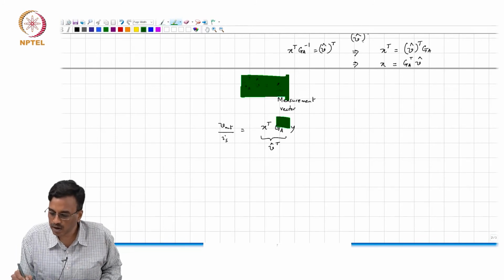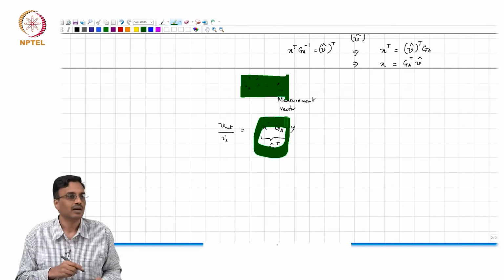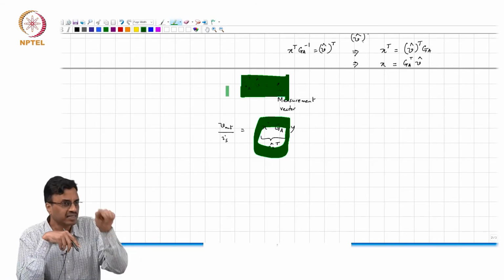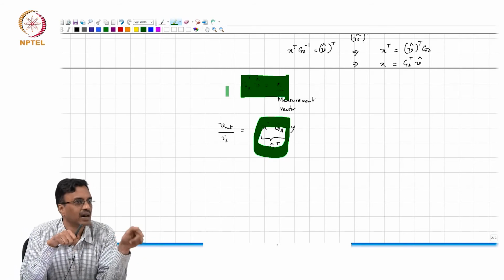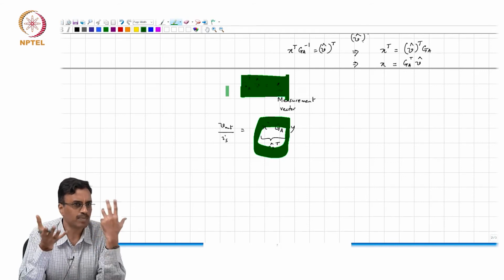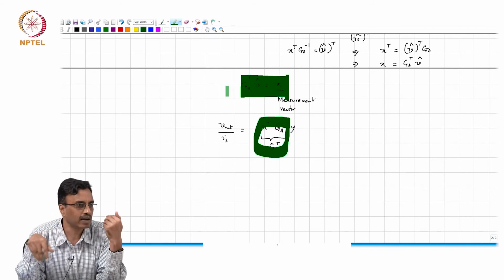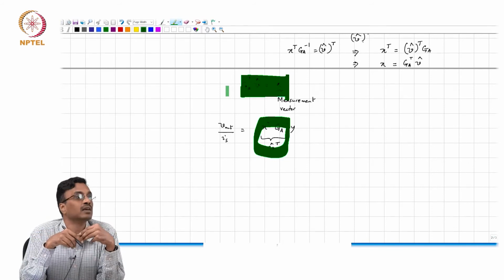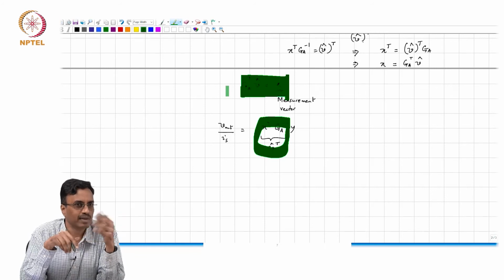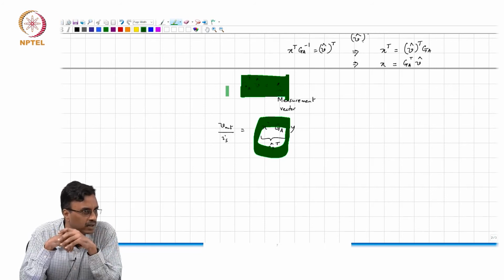how do we obtain V hat? We just solve not the same network, but a related network. What is the relationship between that network and the original network? The MNA matrix of the modified network is simply the transpose of that of the original network.